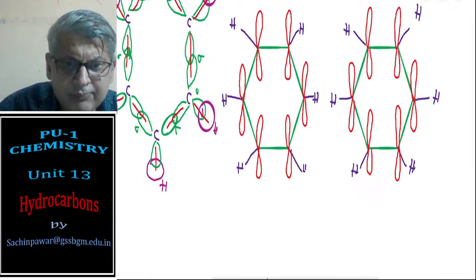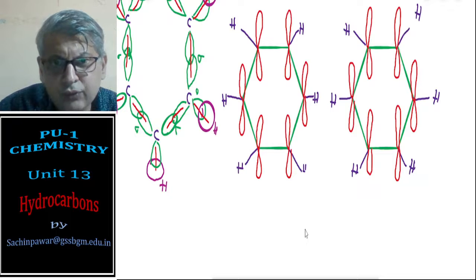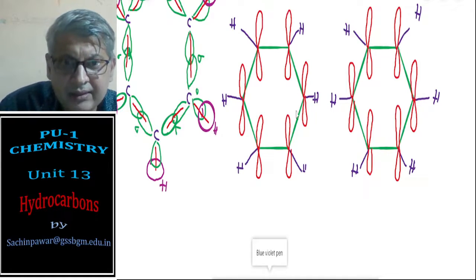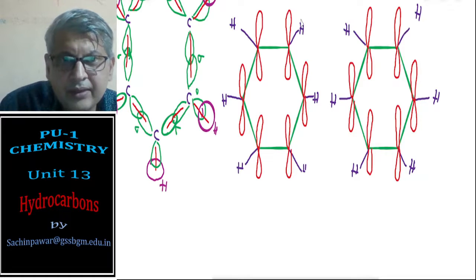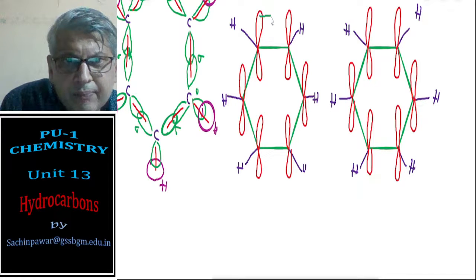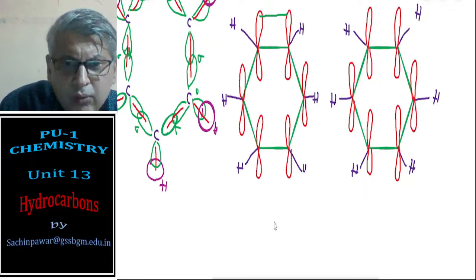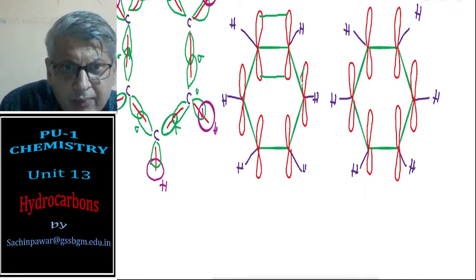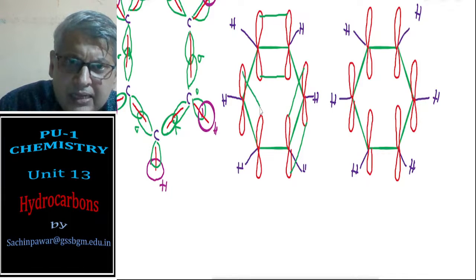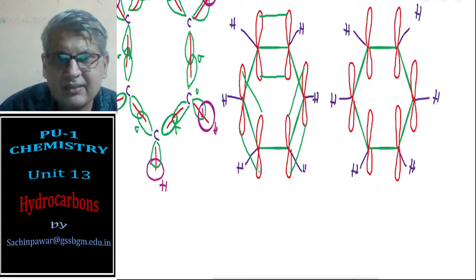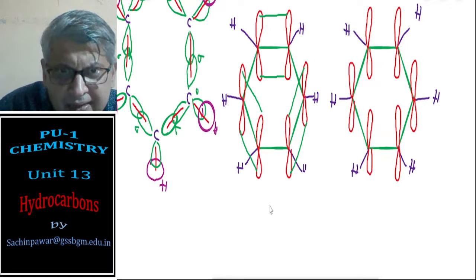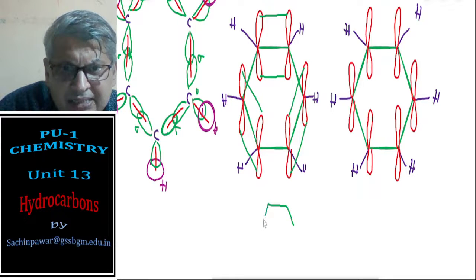Therefore, the first possibility which can give you Kekulé structure number 1 is that these pi orbitals can overlap sideways, and as a result I will get a structure of benzene as you see.